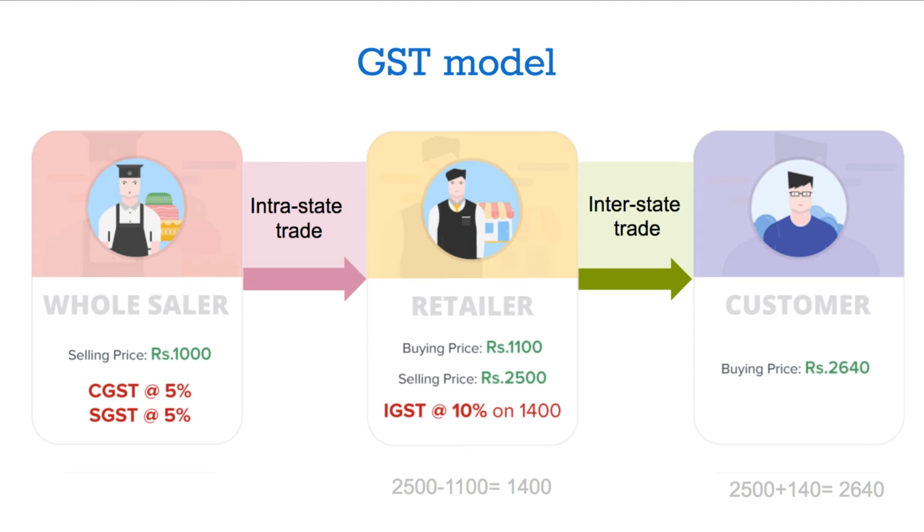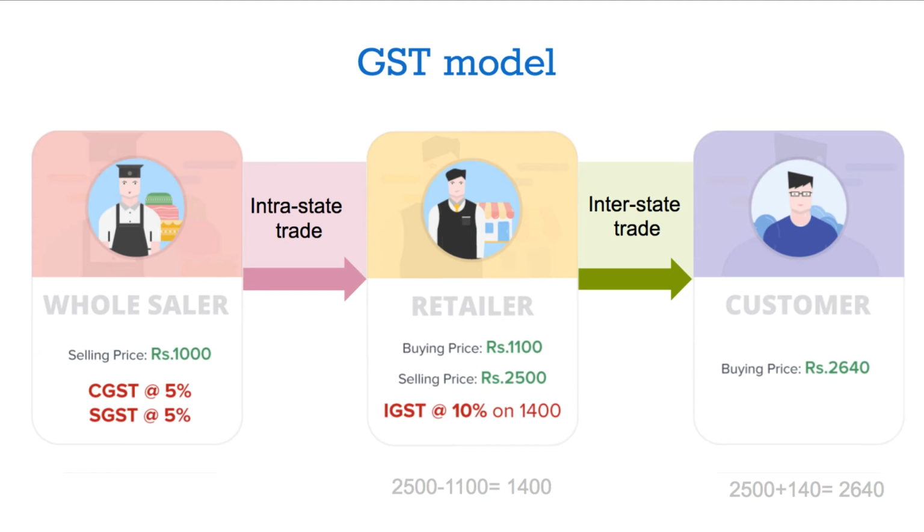When the retailer adds a value of 1,400, making the total final price at 2,500, and sells it to another shopkeeper or a customer across a different state. Now, in this transaction, an IGST or an integrated GST is going to be applied at, say, 10%, not on 2,500, but on the 1,400 or the value added.